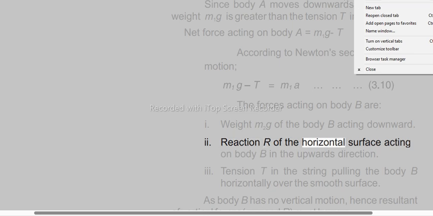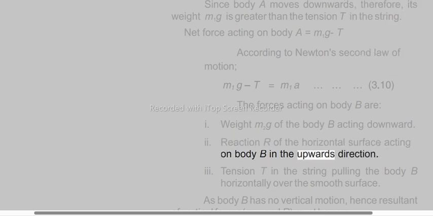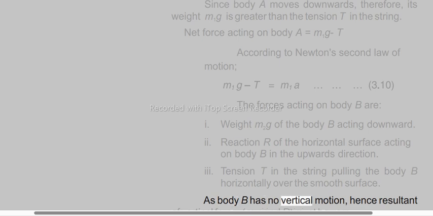Reaction R of the horizontal surface acting on body B in the upwards direction. 3. Tension T in the string pulling the body B horizontally over the smooth surface. As body B has no vertical motion, the resultant of vertical forces, m2g and R, must be 0. Thus, the net force acting on body B is T, according to Newton's second law of motion.